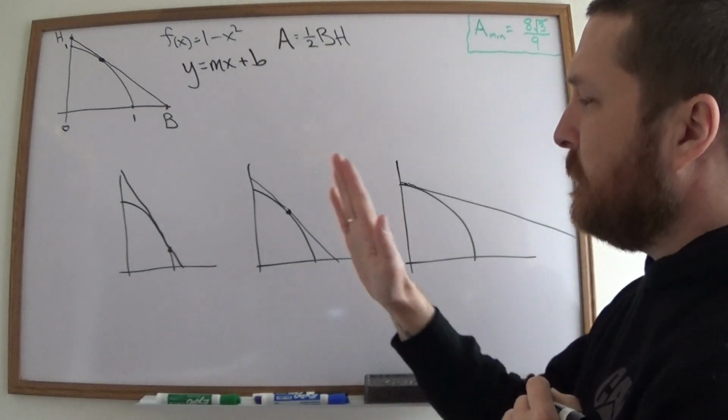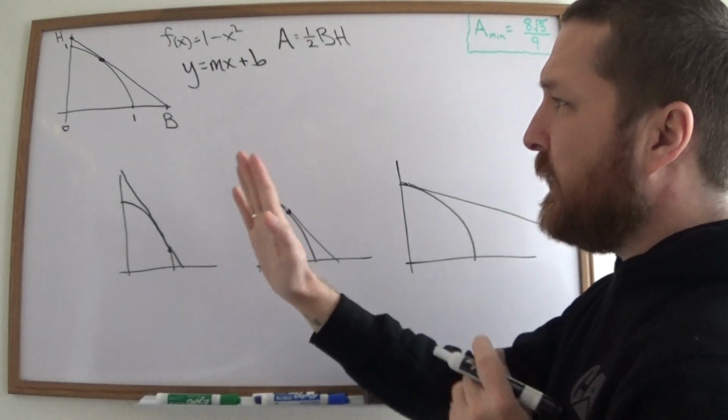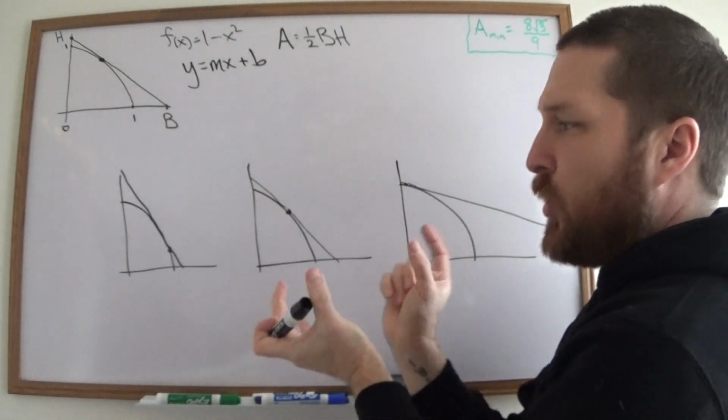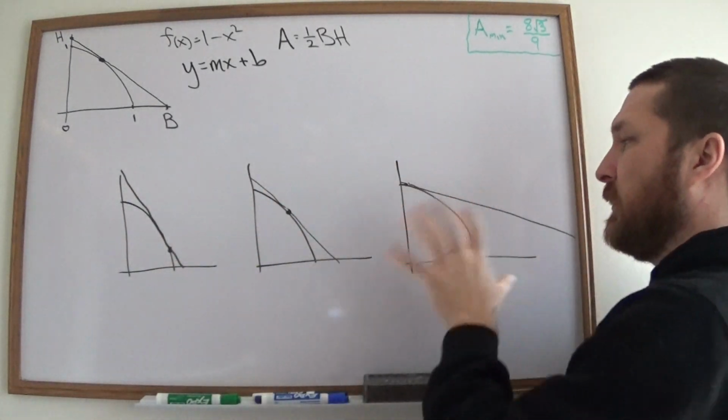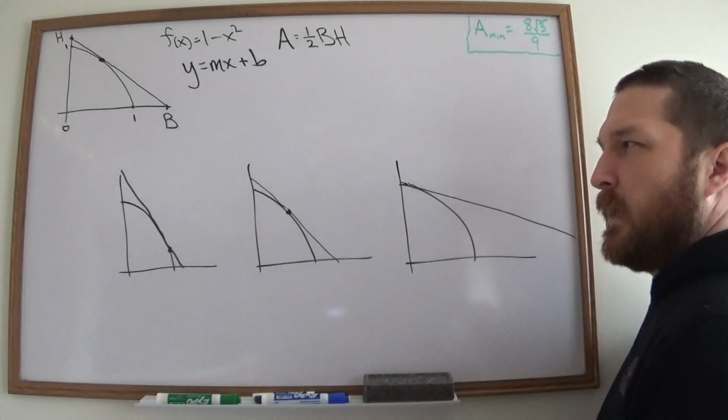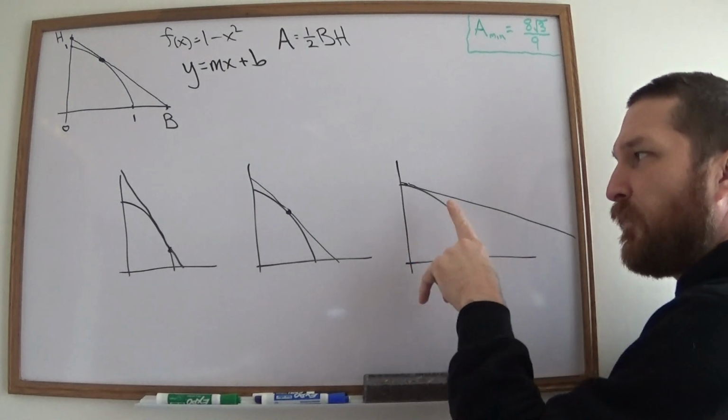And so I'm thinking the real question is, where do I draw this so as to make this resulting triangle have the smallest area? And I've said this before, right?